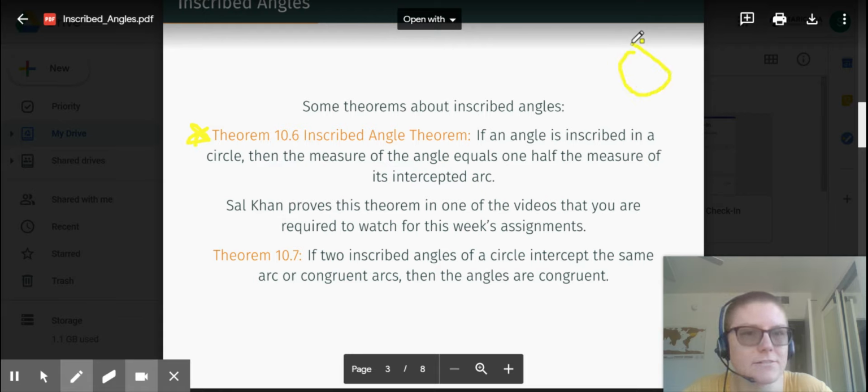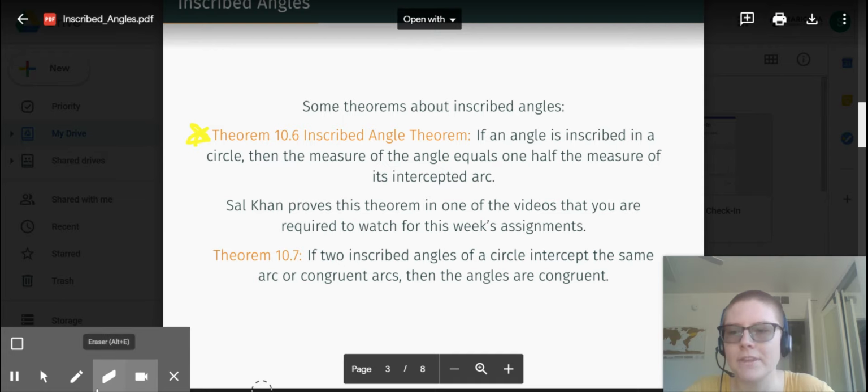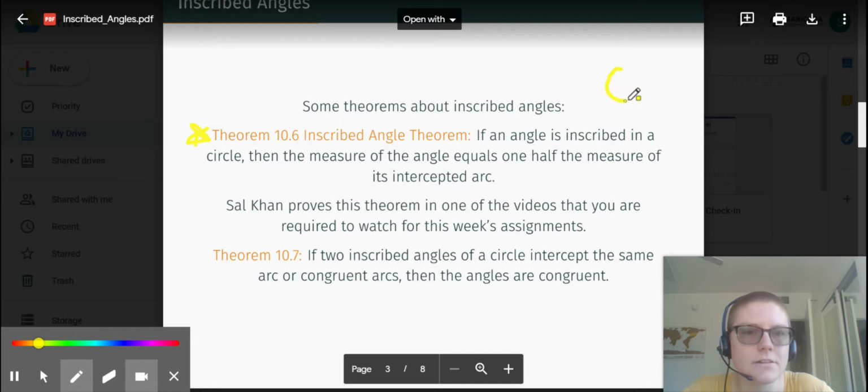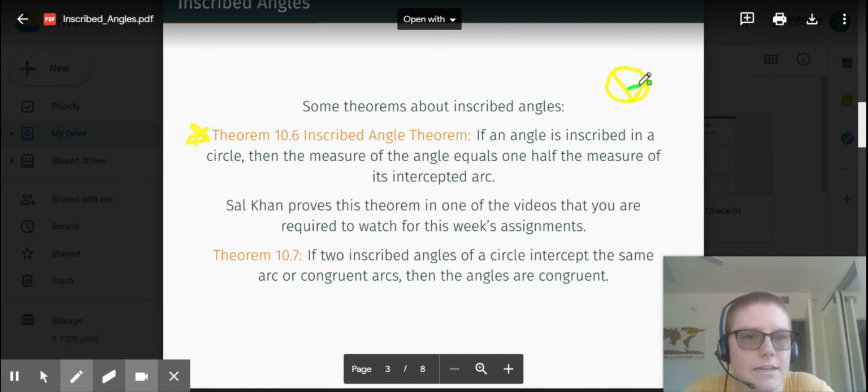So here is a circle, and here's an inscribed angle. The measure of my angle is 1/2 the measure of its intercepted arc.